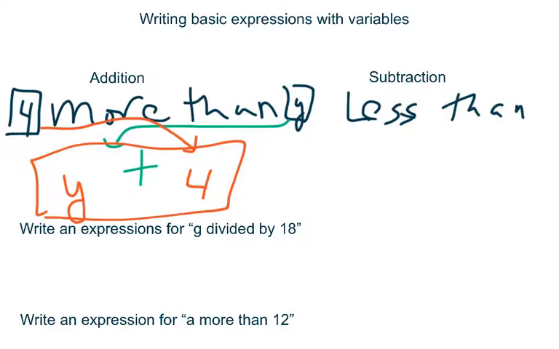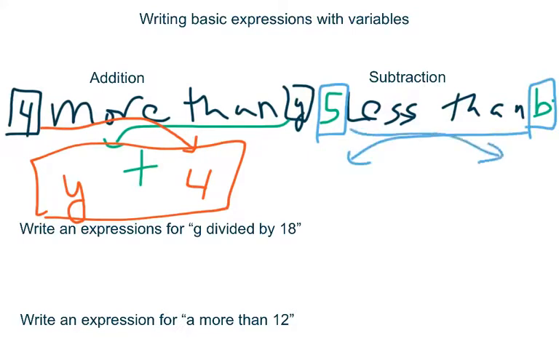Now, if you do the same thing with less than, anytime you see the word than, like more than or less than, that should be a bell that you need to be careful of. And so, for example, if you had 5 less than b, now we have 5 in front and b in back. And so we still, just like the subtraction or addition, we want to switch them.